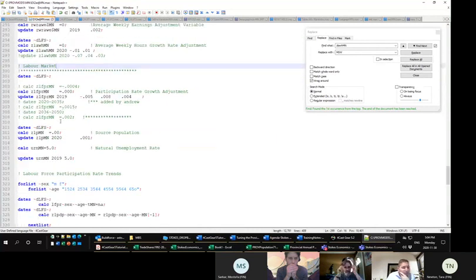As well, you have your labor force participation rate numbers. So again, this is a stochastic equation, so that 19 number is not being used.